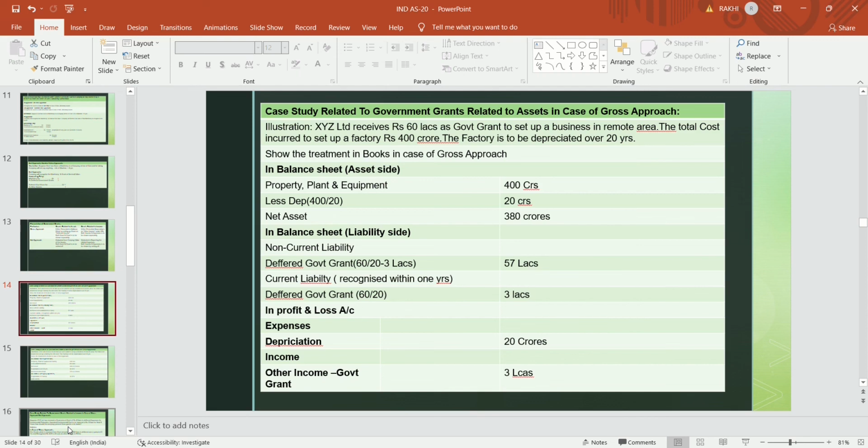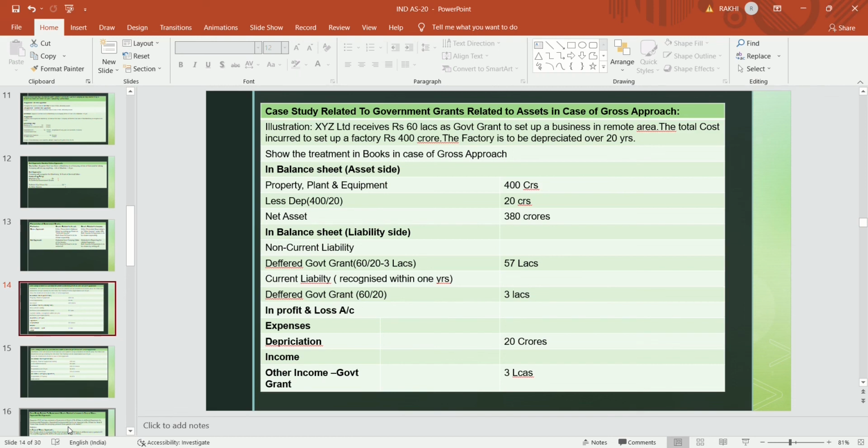The cost of the factory is 400 crores and the government has given 60 lakhs for that. So in the balance sheet, the property, plant and equipment, that is the factory, is 400 crores.